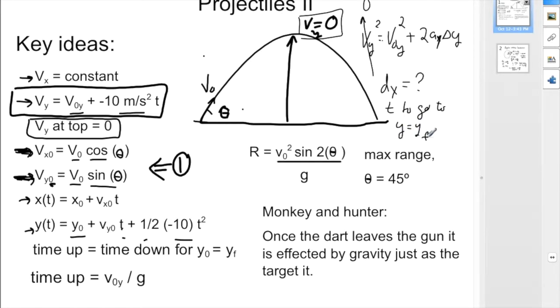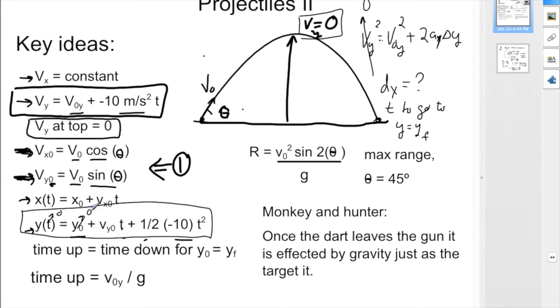For example, if I've got a ball that's tossed starting here and comes back to Earth again, then I could use this equation and substitute in a height of 0 and a height of 0. And then I can solve for time. That's probably in some ways the most simple case.